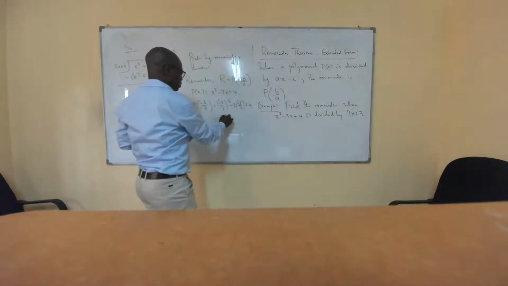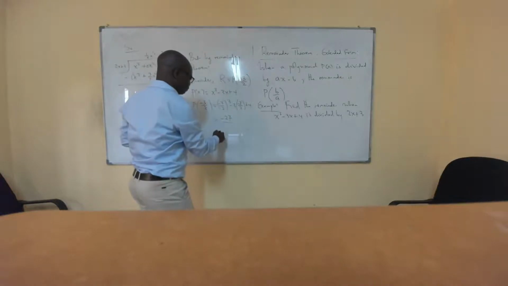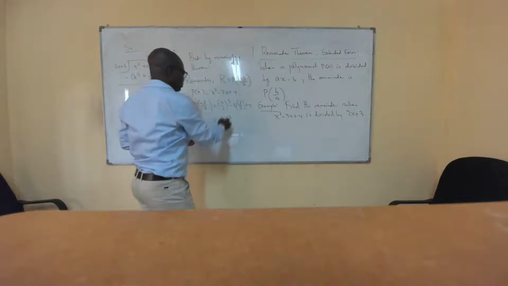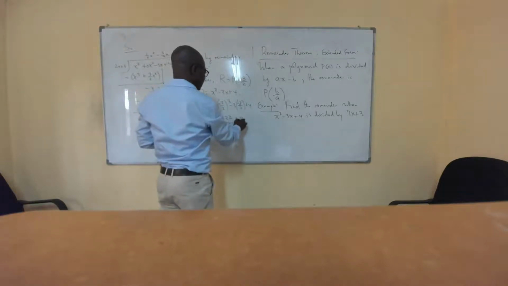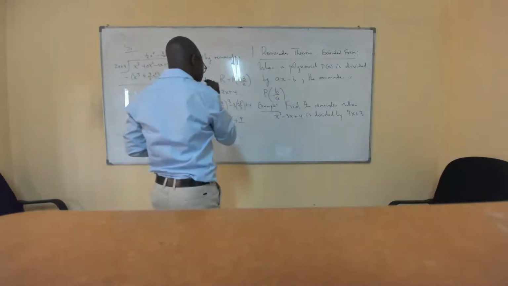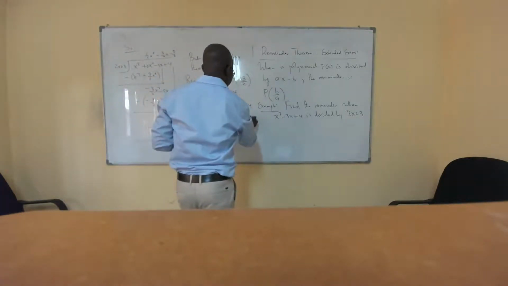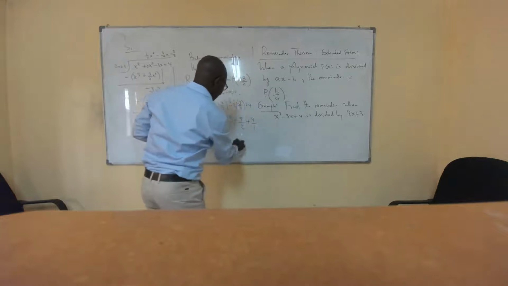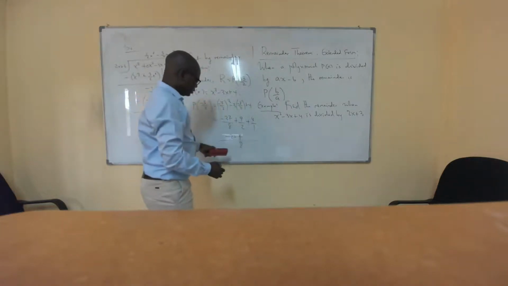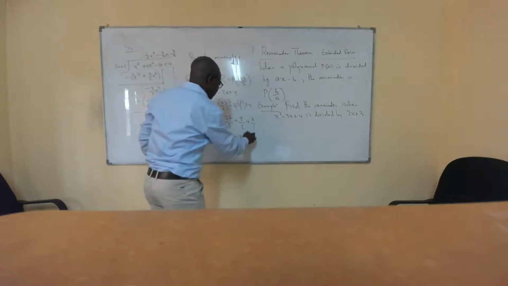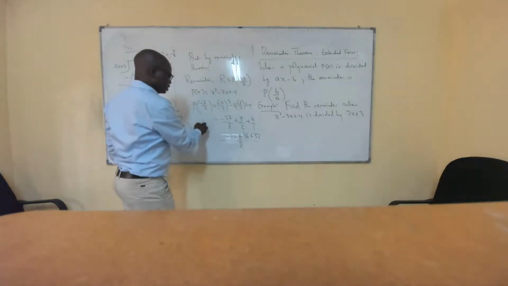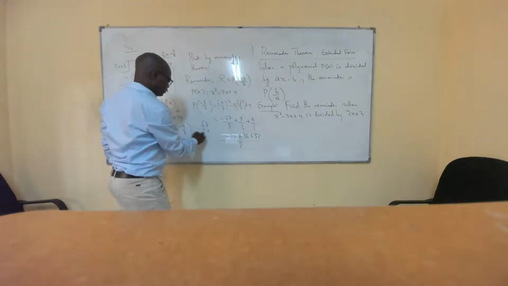So this will be minus 27 over, remember minus 3 to the power 3, 2 to the power 3, 8, plus 9 over 2 plus 4 over 1. So that's minus 27 plus, that is 4, 36 plus 32. So you have 68 minus 27.